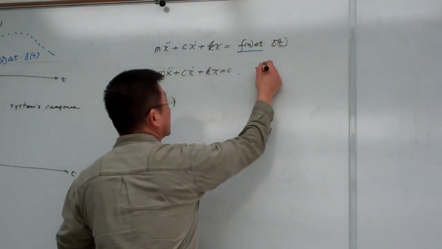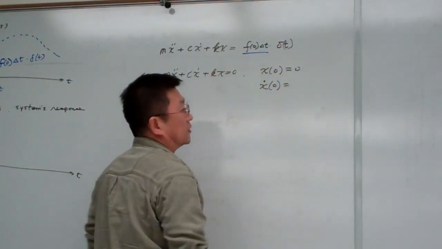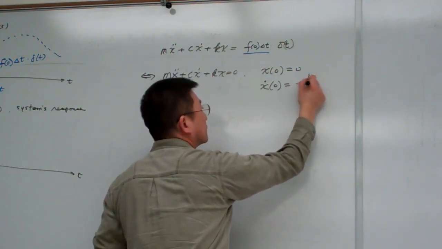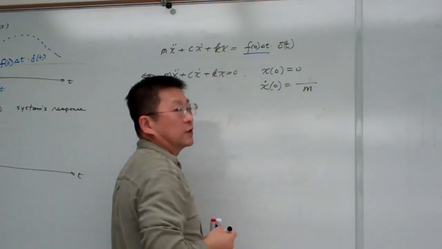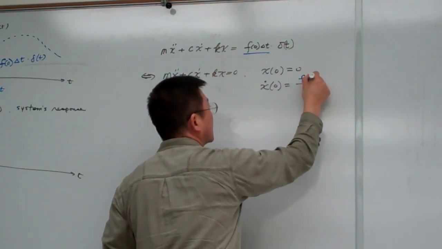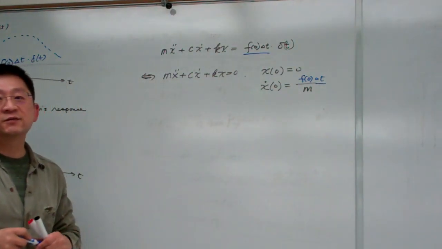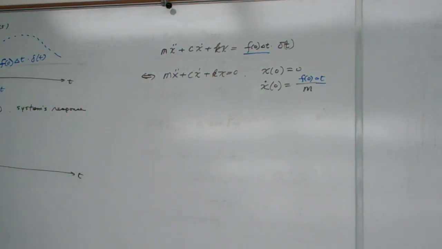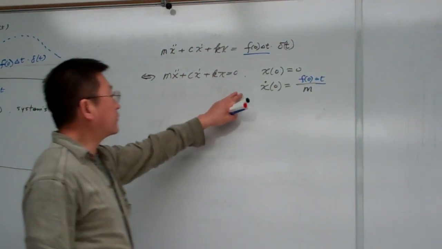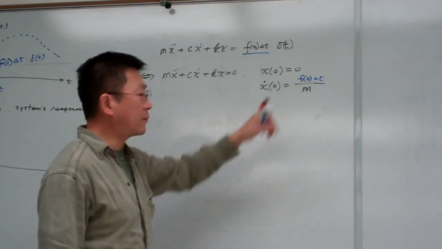So that means the initial velocity will not be equal to 1 over m. 1 over m is for a unit impulse, but here the magnitude is that big, so that is this one. This simply is the magnitude of the pulse. Okay? Good? So you can see that compared to both calculations, the initial velocity is scaled up by this.